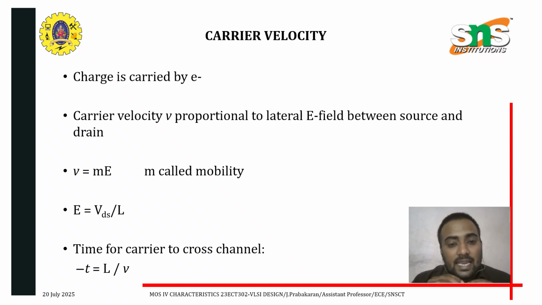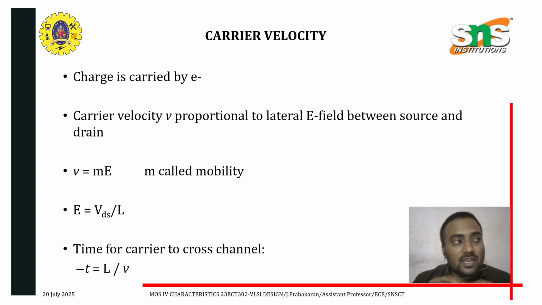Next, carrier velocity. Charge is carried by electrons. Carrier velocity is nothing but the V, which is proportional to the electric field between source and drain.